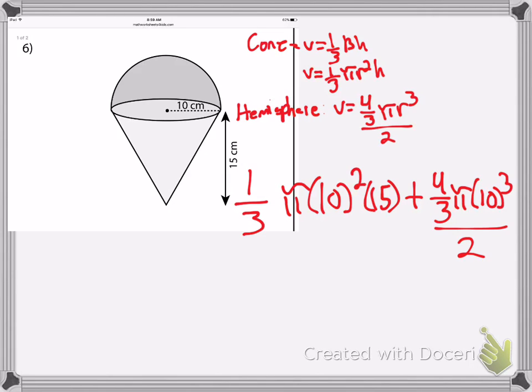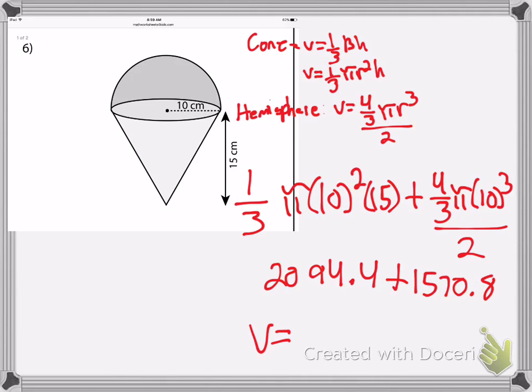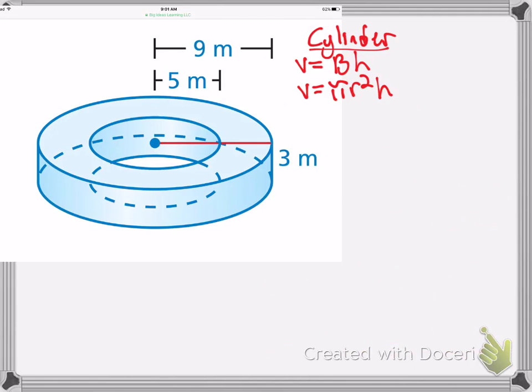Plug those in, and you get 2094.4 plus 1570.8, which ends up giving you a volume of 3665.2 centimeters cubed. And there's our volume for this composite figure.